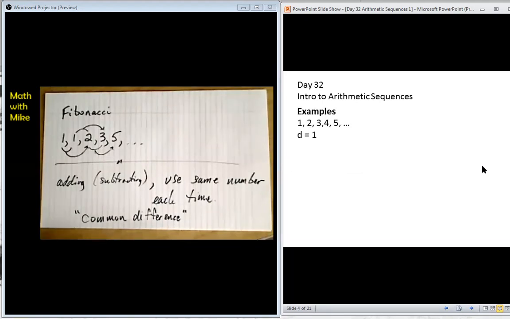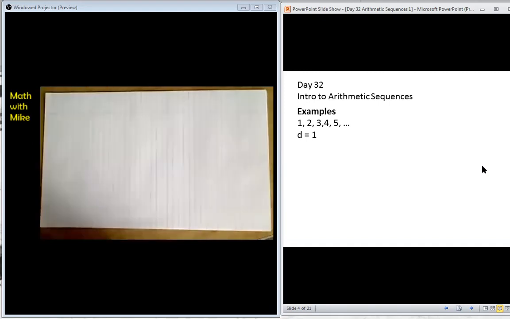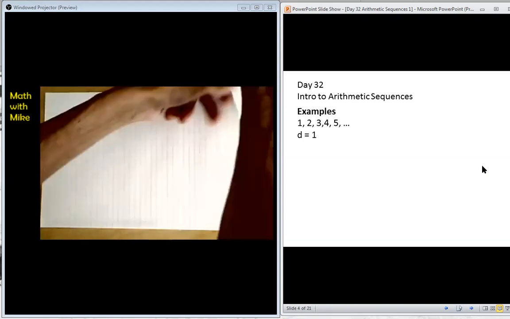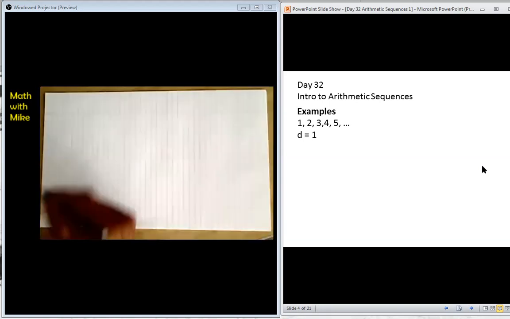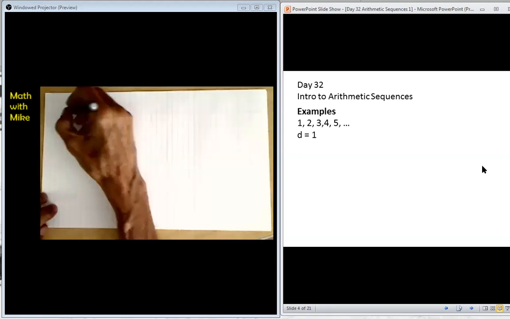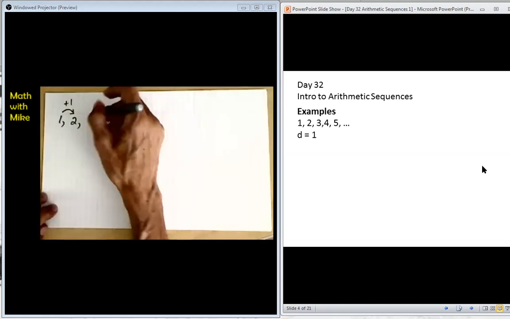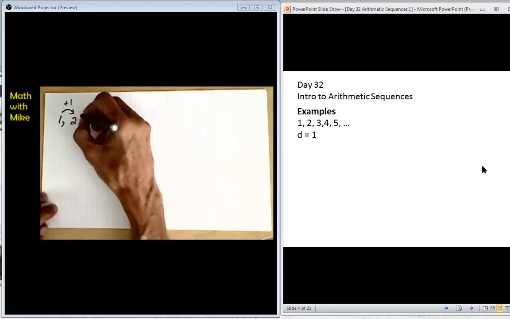What we got here? Oh yeah, a little baby example to start with. 1, 2, 3, 4, 5, right? Because how this works is starting with the number 1 there. What do you have to add in order to get to the 2? You add 1, right? For sure. What's the next number? Well, 2.